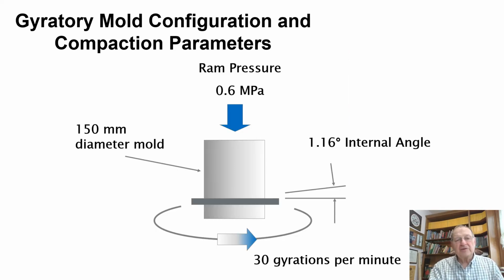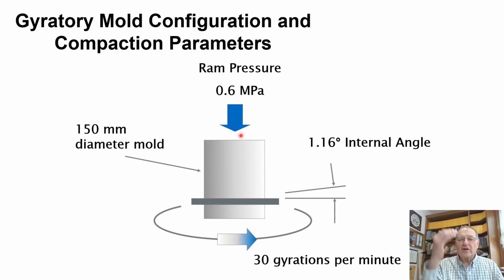Now, this gyratory compactor places the mold on an angle, and it's been calibrated such that the internal angle inside the mold is 1.16 degrees, and there's a plus or minus on that as part of the calibration process.